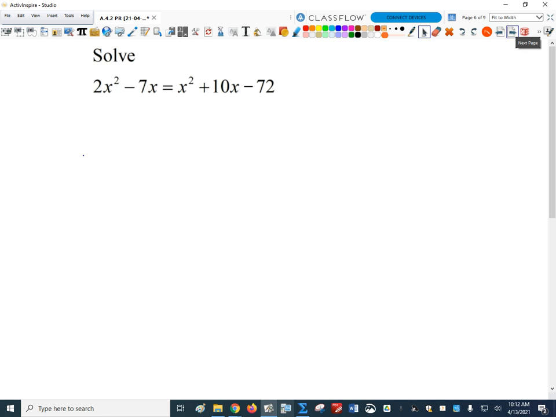Ooh, what's different there? Yeah, it's not equal to 0, is it? Let me see, did I skip one?